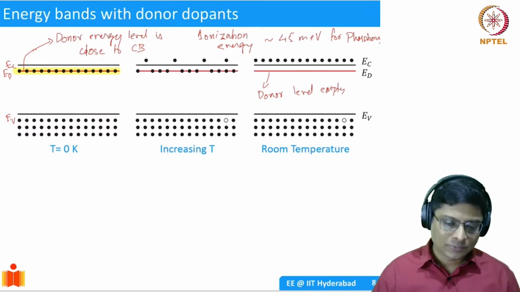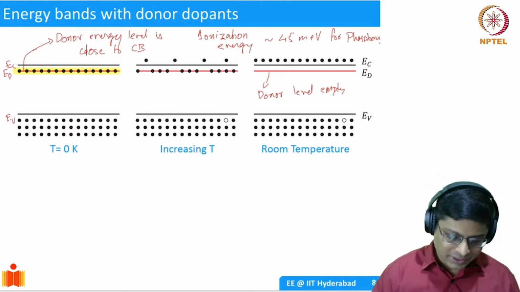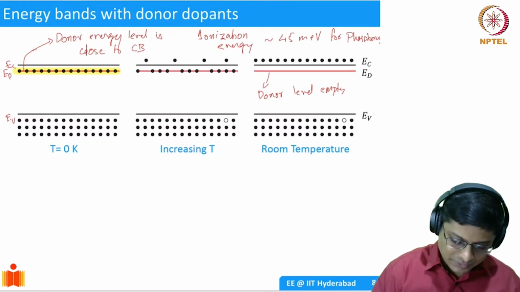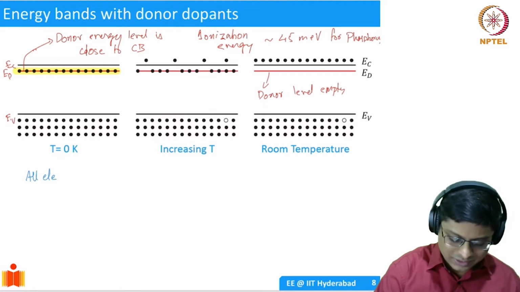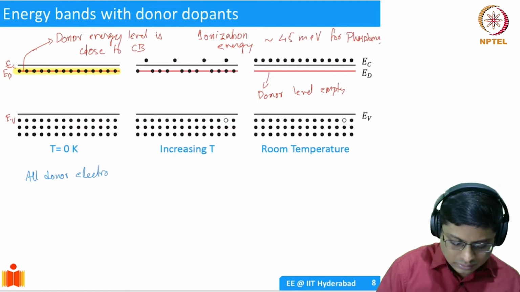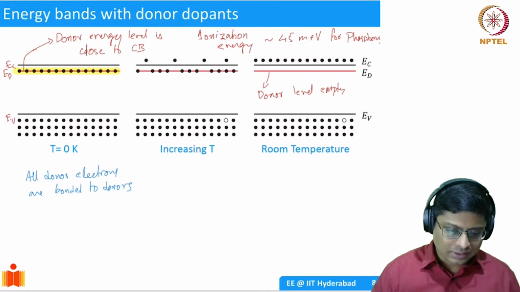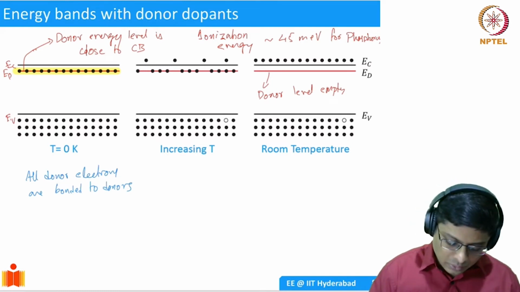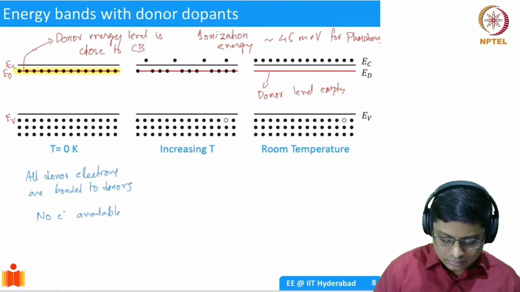Let me just repeat it one more time. This is an important process. At 0 degrees, what happens? Let's only talk about donor electrons. Donor electrons are bonded to donors, so there are no electrons available for conduction.